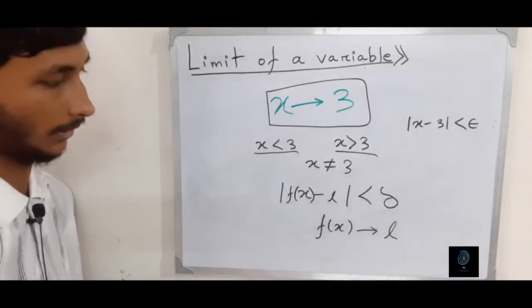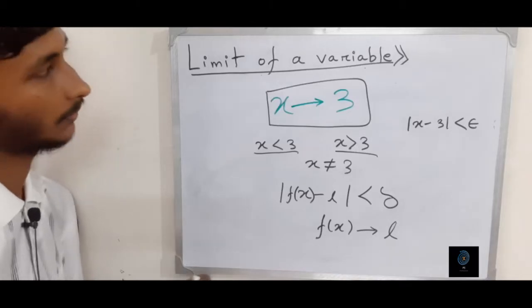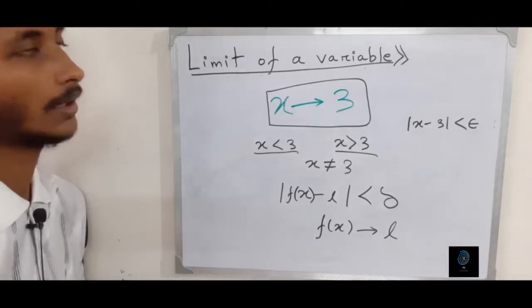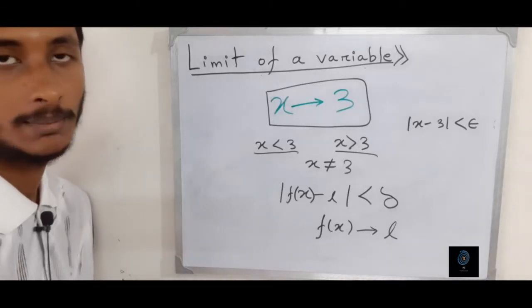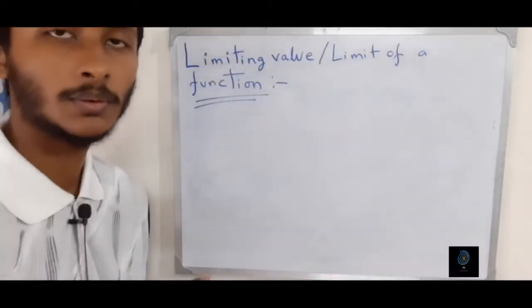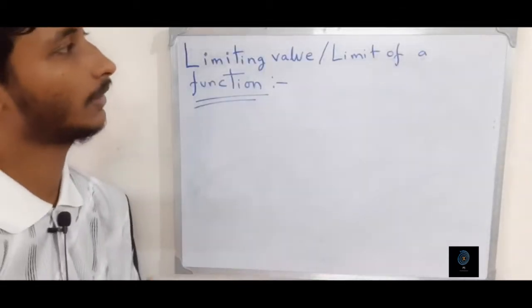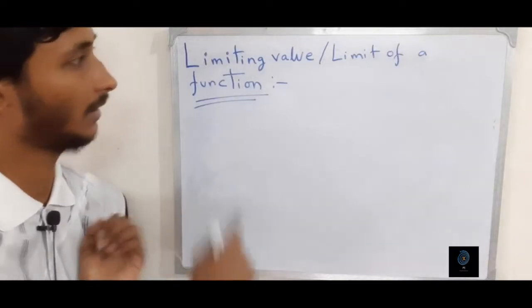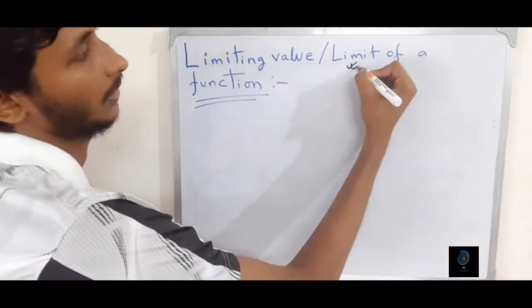Okay, now we are going to understand what we mean by the limiting value of a function. We don't often use the word limiting value, we use the word limit.